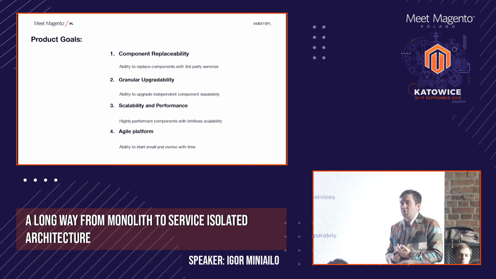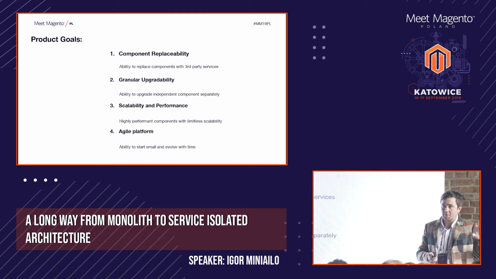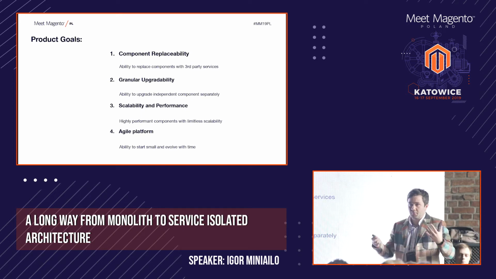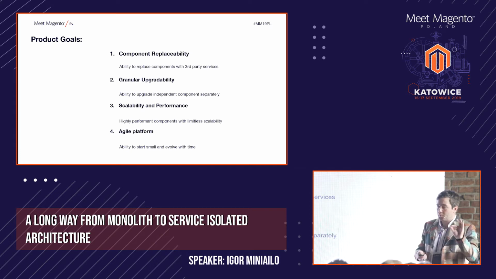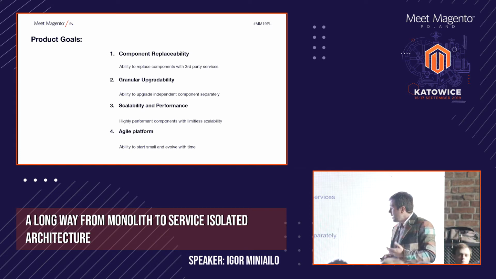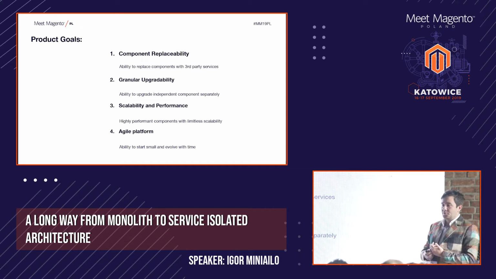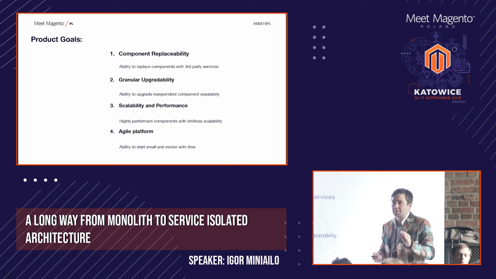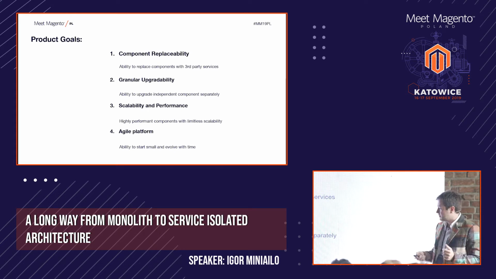We want to provide the ability of granular upgradability of particular components, not affecting other components which were not involved in the scope of the change. Also, we want to address scalability and performance, and provide the ability to scale particular components independently of others, because it may usually happen that we have just one particular bottleneck in our system, and this bottleneck should be addressed, but not the whole system.